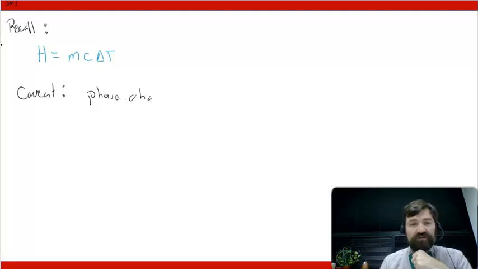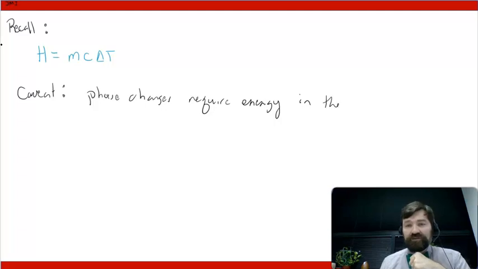So phase changes require energy, and that energy is in the form of heat. So adding heat to a system basically means that you can raise the temperature, but you can also cause a phase change.